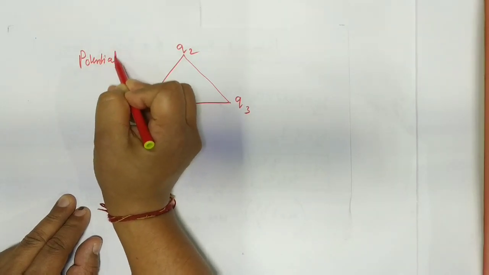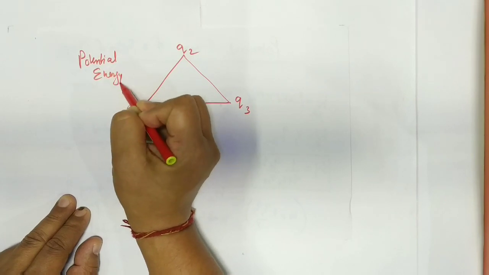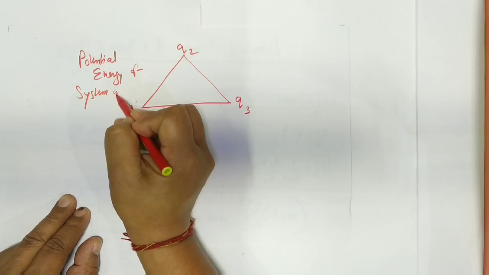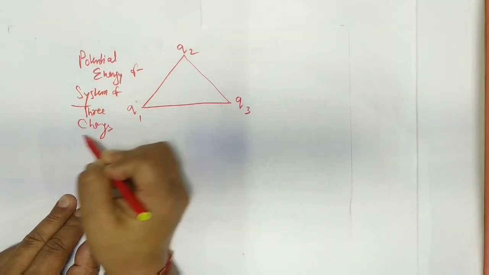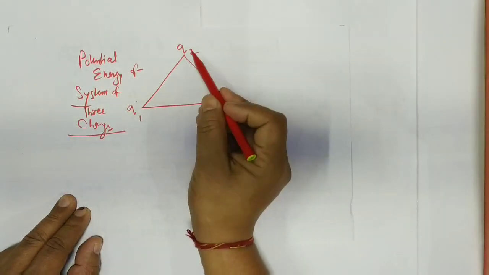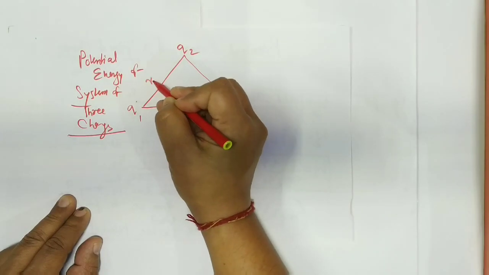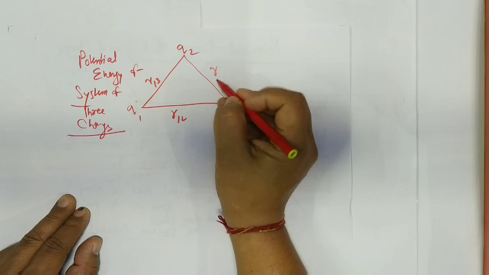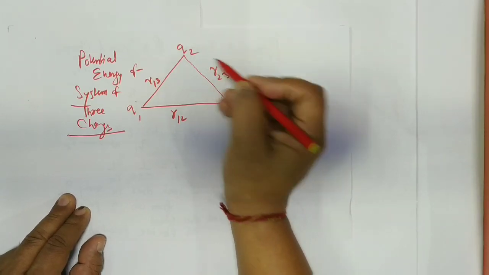You remember, it is just like gravitational potential energy. So the potential energy of a system of three charges. There are three charges. Okay. So you know how you calculate it. Say this is R12, this is R13, this is, say, R23. And these are the charges being taken from one point to the other.